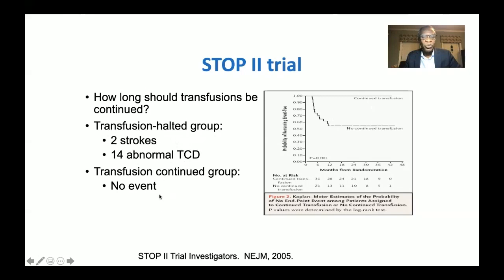Whereas in the transfusion group, no event was recorded. This suggested that continuing blood transfusion was the right way to pursue, and stopping transfusion was putting the children at risk. Therefore, most of these patients continued on blood transfusion and constituted a big burden in many treatment centers.